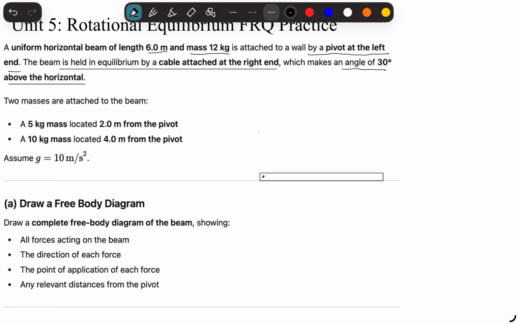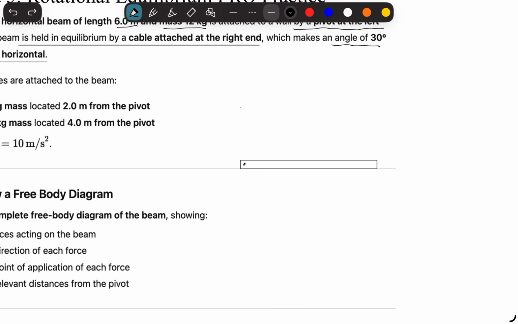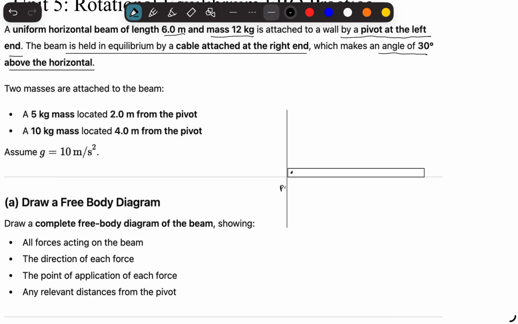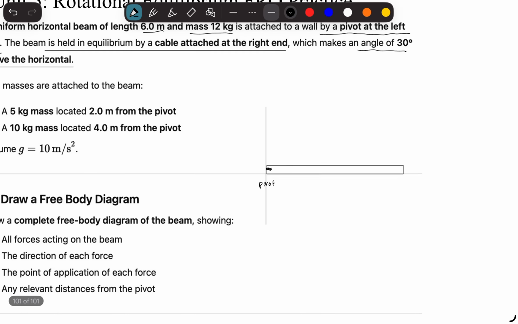So let's draw this. That is our pivot. There is a cable at the right end. This is 6 meters.